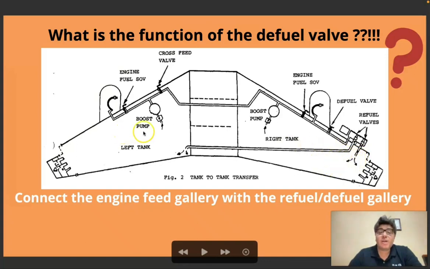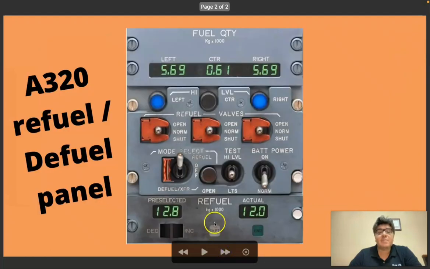So in case of transfer operation, as we said, when we need to transfer fuel from the left tank to the right tank, these two galleries, the engine feed gallery and the refuel gallery, need to be connected. How? By opening the defuel valve. This valve, for example in the Airbus A320, is called the defuel transfer valve.